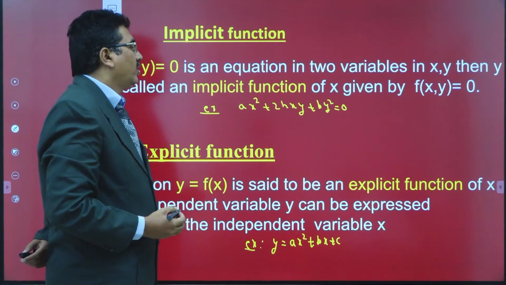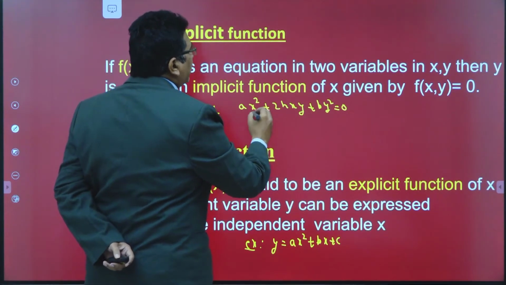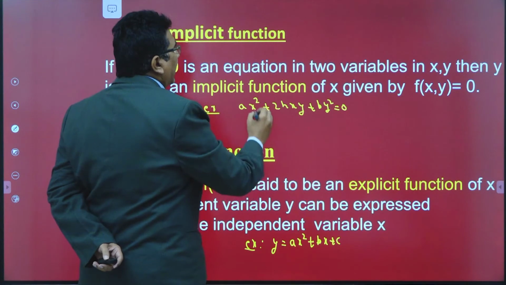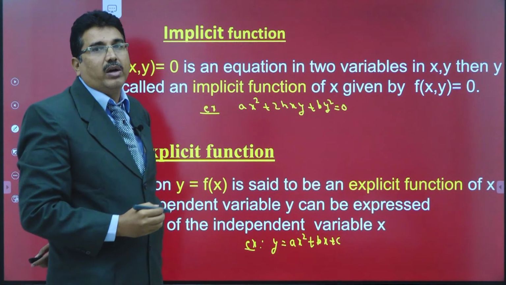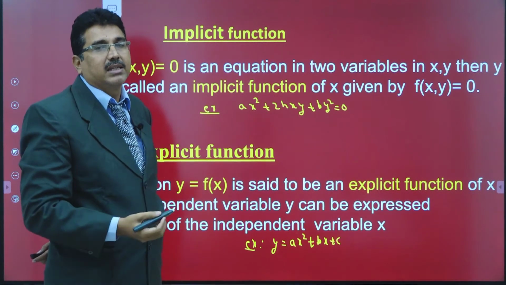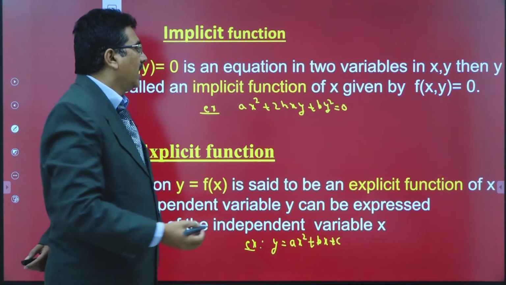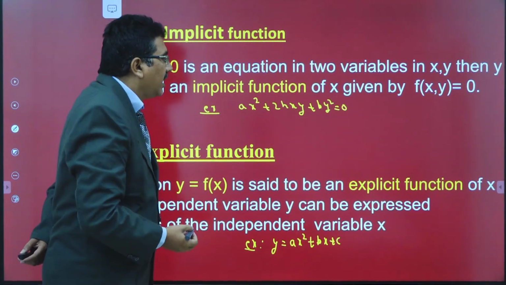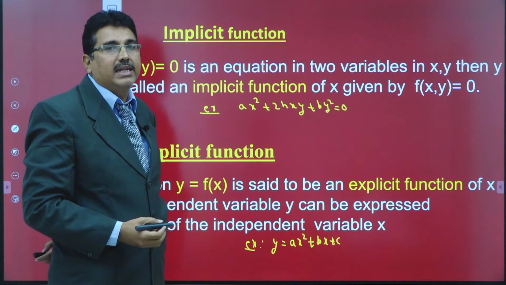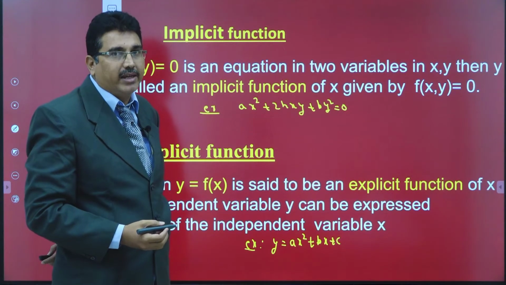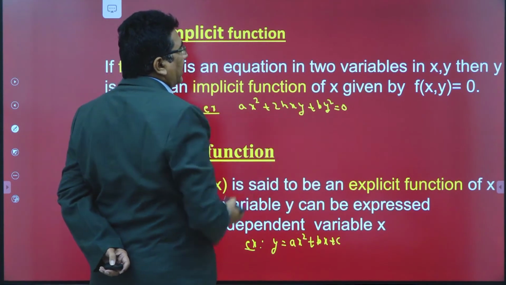Right. So, why is this called an implicit function? In this equation, we cannot write y in terms of x or x in terms of y. Here, x is called the independent variable, y is called the dependent variable, but x and y cannot be separated.